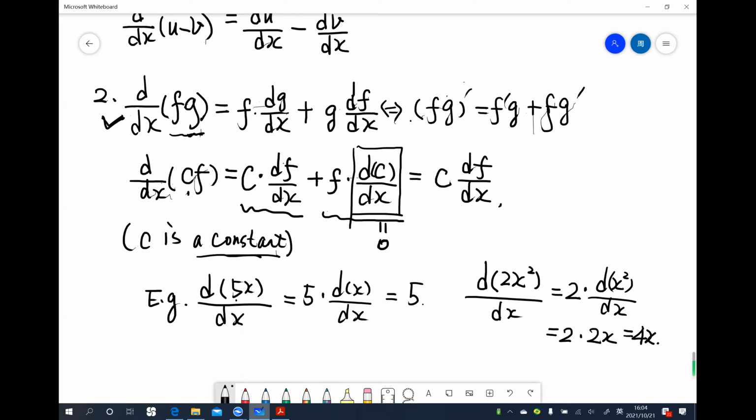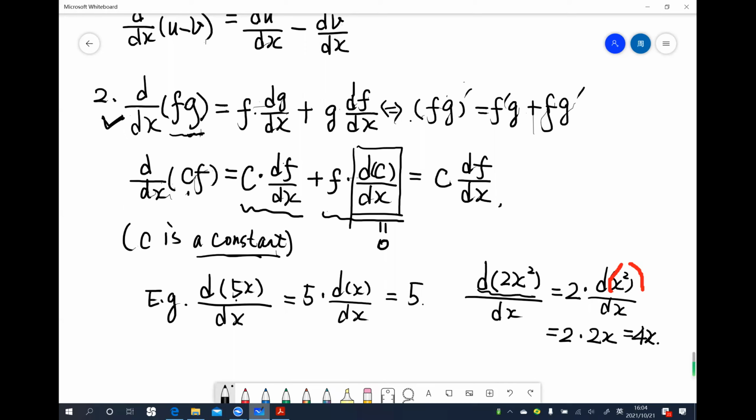Laoshi, why do we use the bracket on x squared? Because here I want you to calculate d(2x squared)/dx.